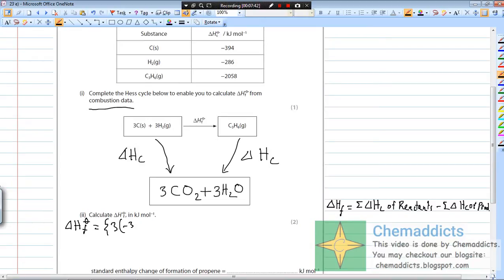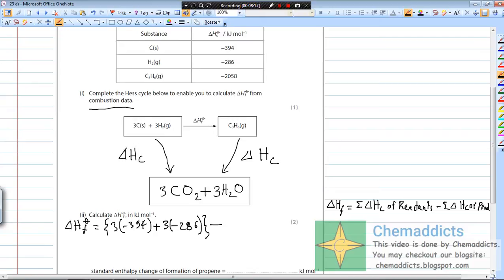Minus 394 plus 3 into minus 286, sorry, minus 286. Minus, according to the formula, this is the sum of combustion enthalpy of reactants.